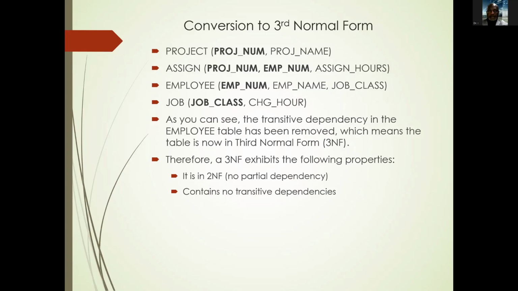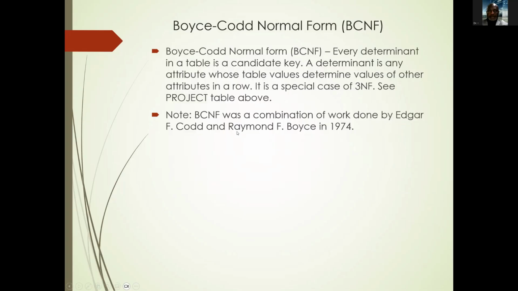Therefore, the third normal form exhibits the following properties. It's in second normal form. There's no partial dependency anymore. It contains no transitive dependencies, because we have already removed these to another table, right?